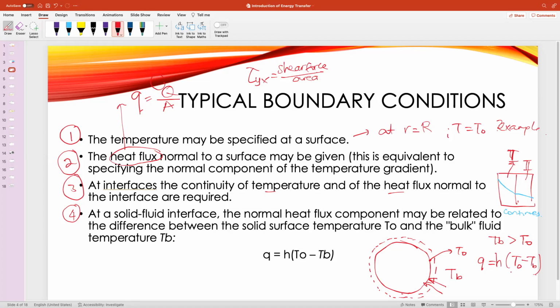Again, this is a driving force, and this is resistance. Of course, we're going to see this boundary condition a lot. We're going to go back to here to show some examples.